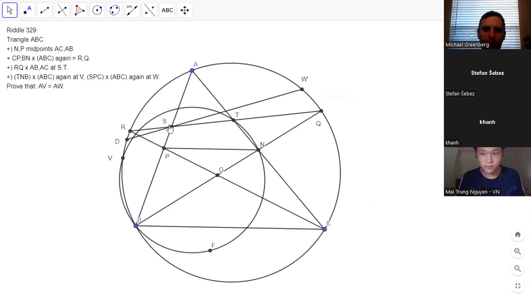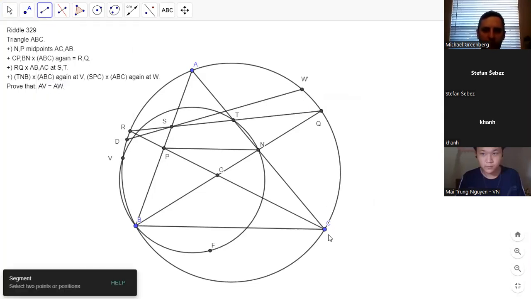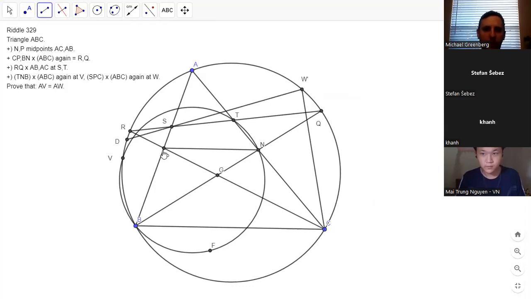So I want to show that angle SW prime C is equal to angle SPR. And if you work out the angles, that's the same as showing that arc AR is equal to arc DB. And so, yeah, that would be the same as showing that this is a symmedian.